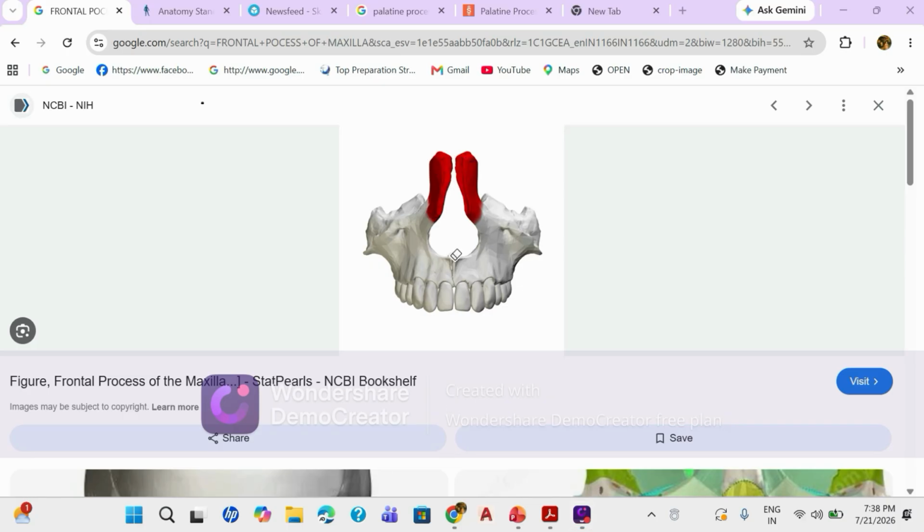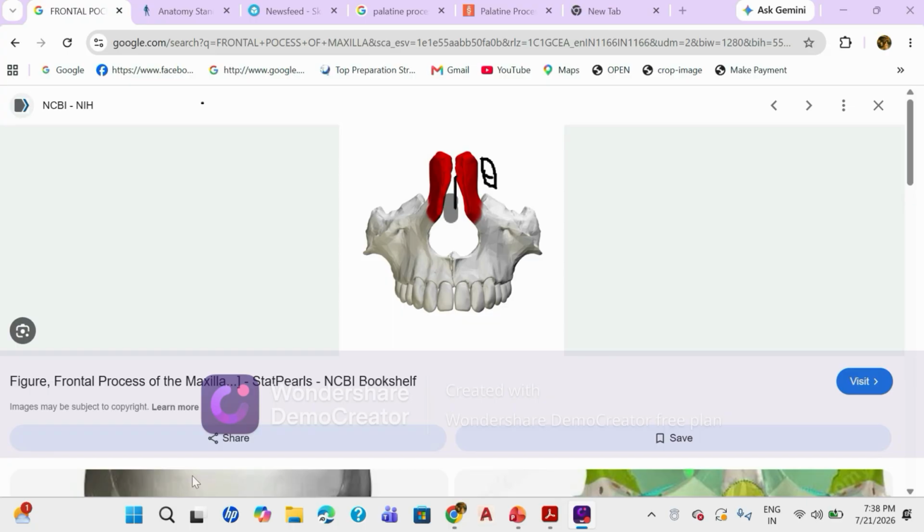If we study each frontal process separately, this is the medial portion, and this is the lateral portion. Now we will discuss the lateral surface. Here is the vertical ridge of the lacrimal crest and the groove for the lacrimal sac. Here we have the lacrimal sac.